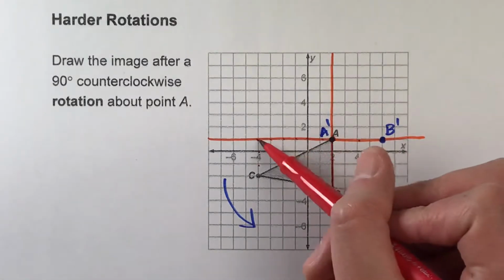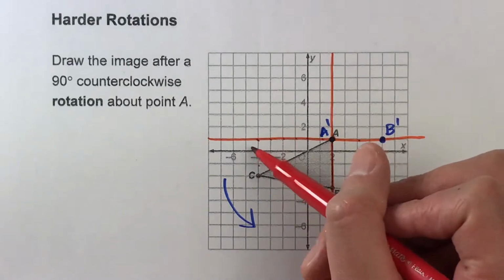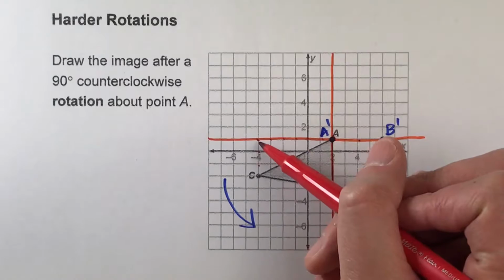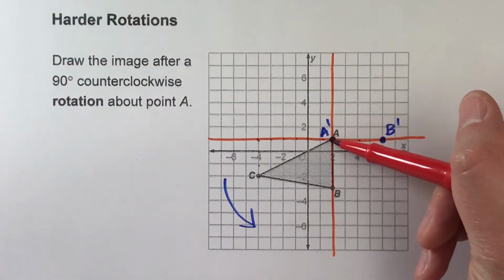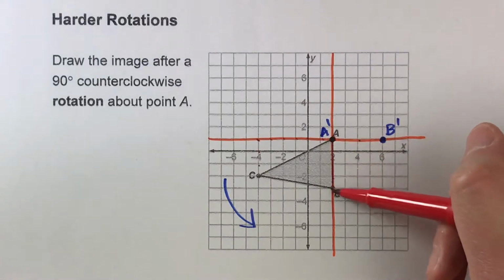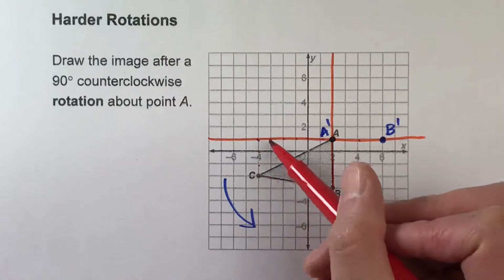Okay, so 6 along the fake x-axis, and then 3 steps into the quadrant. When I rotate, I'm not going to go across the x-axis anymore. I'm going to go along the y-axis for 6 steps. 1, 2, 3, 4, 5, 6. And then I'm going to cut into the quadrant 3 steps.